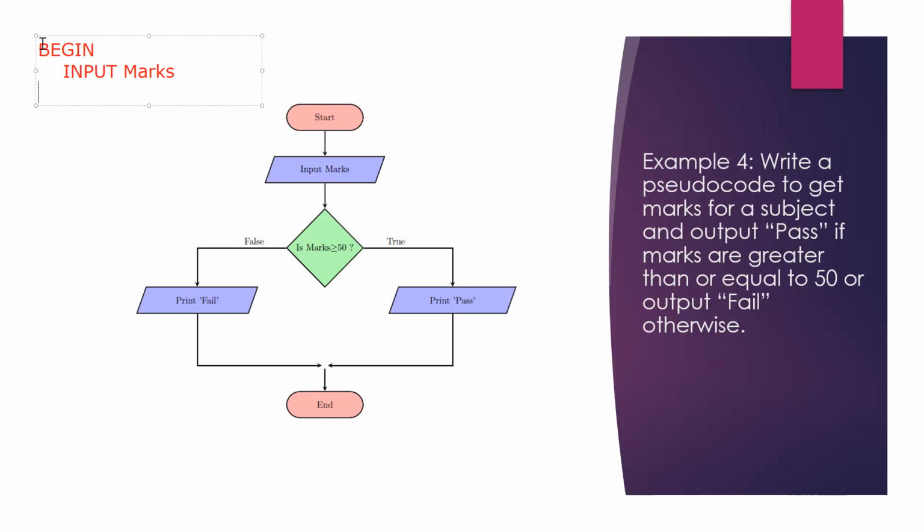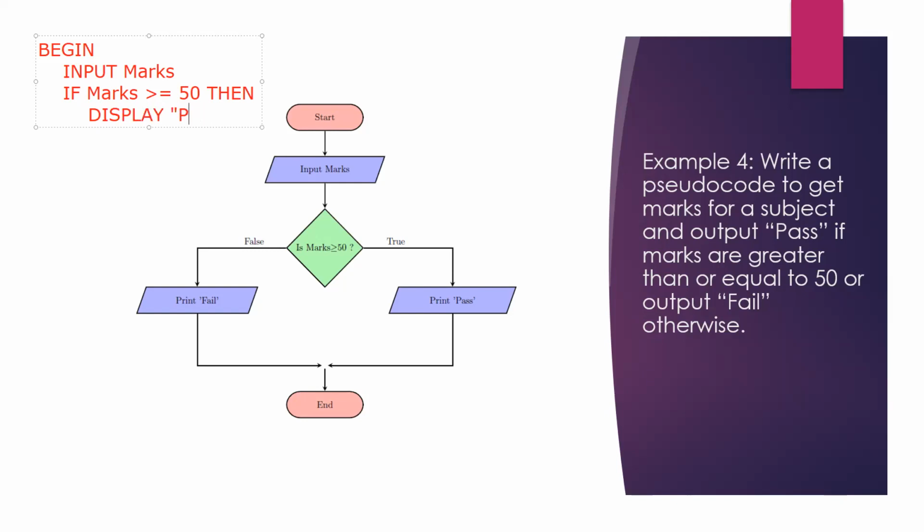So this is a selection, right? If marks is greater than or equal to 50, yes, then pass, otherwise fail. So we can say if marks greater than or equal 50, then, okay, this is how we put up a condition. If it is true, what will happen? You know, print pass. I'm going to say display here. Pass.